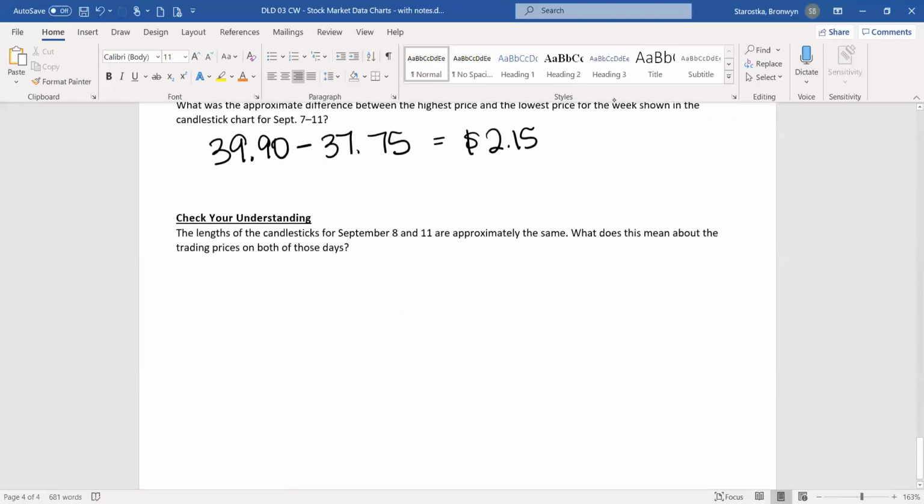Finally, check your understanding. The lengths of the candlesticks for September 8th and 11th are approximately the same. What does this mean about the trading prices in both of those days?